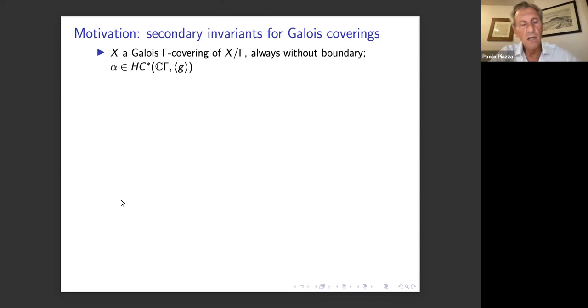So we have a Galois gamma covering with the quotient X over gamma, and we take a delocalized cyclic cohomology element of the group algebra. Okay. So as we know, Burghelea's theorem gives a decomposition of the cyclic cohomology of C gamma, and these are the constituents of this decomposition. So it's a decomposition in a direct product.